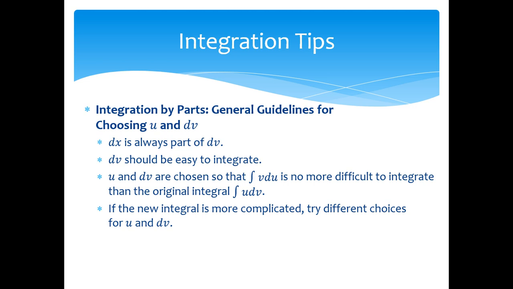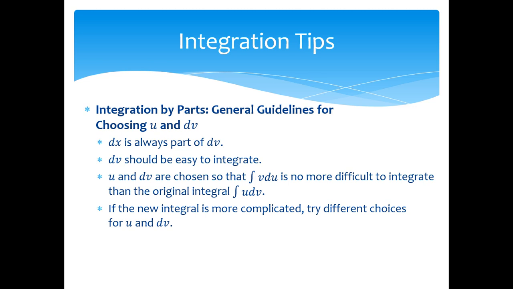So, tips in choosing: dx is always part of dv. We saw that, right? And dv should be easier to integrate. Every time we are choosing functions, we need to know that this u is going to make my life easier, and this dv is going to make my life easier.